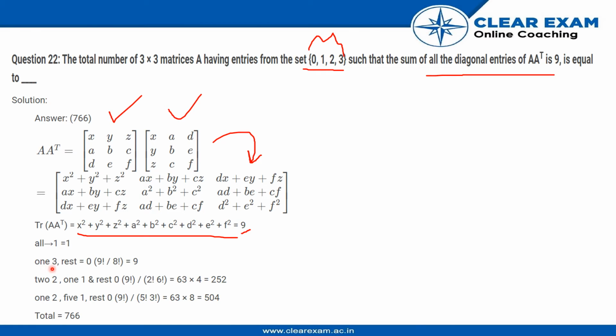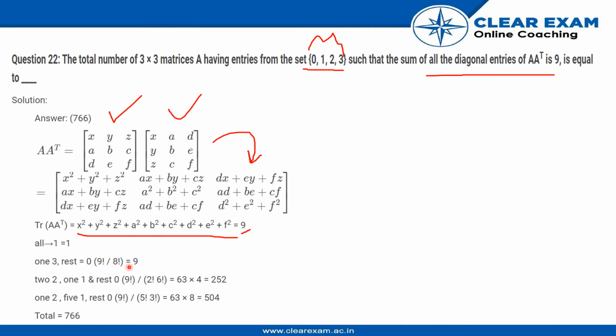And now, if we put any one entry equal to 3, its square will be equal to 9, and if we put the rest to be 0, the 0 won't matter, so the equality is satisfied.